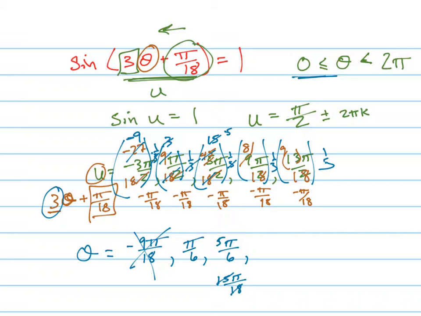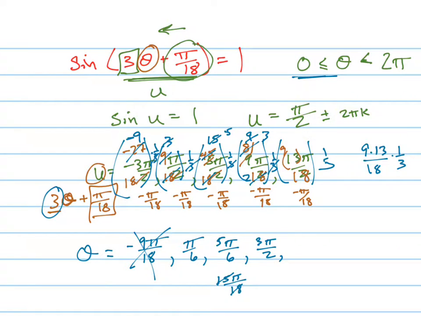The 81 and the 18, I go ahead and cancel right away. They both have a 9, so that's 9 and that's 2, and that 3 cancels. That becomes a 3, so it's 3 pi over 2. And then this last one, which I may or may not need, is 9 times 13 over 18 times 1/3.